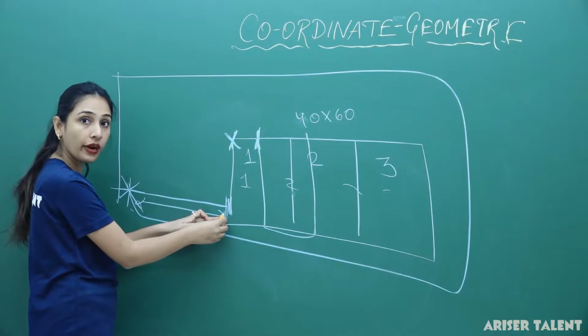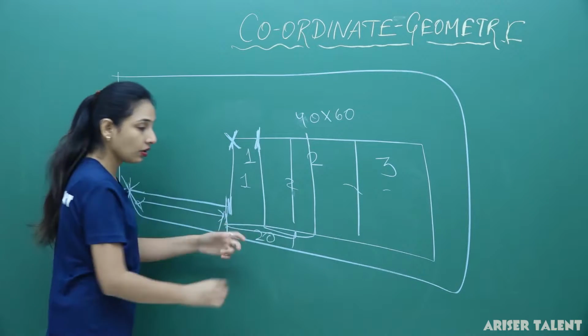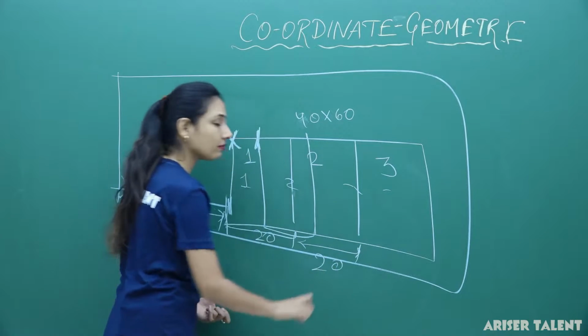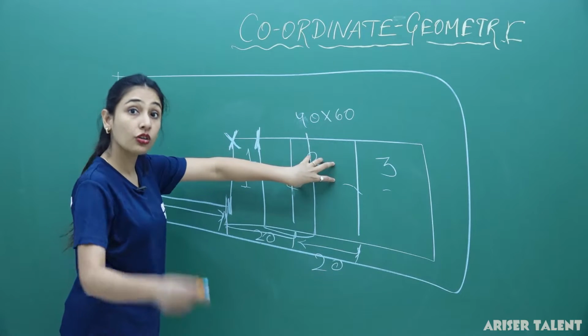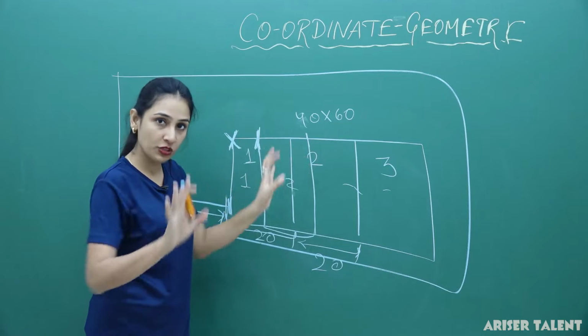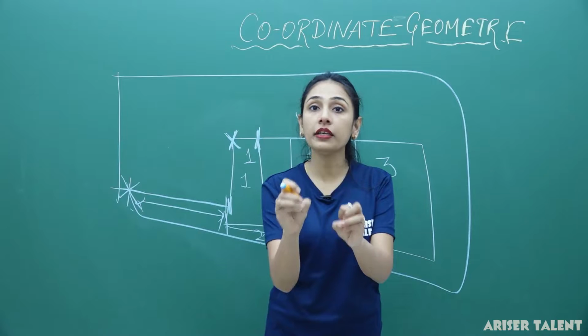From this point I'll take this 20 out of the first plot, and that 20 will be mine. Now I'll make my house here, or you will make your house here, and there will be no objection at all. So look how important coordinate geometry is.